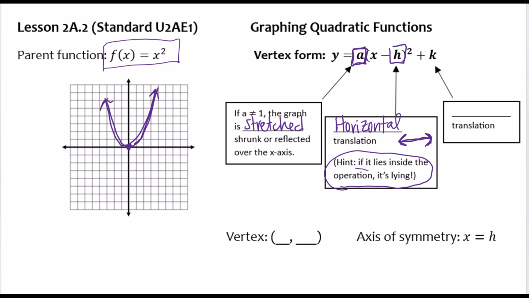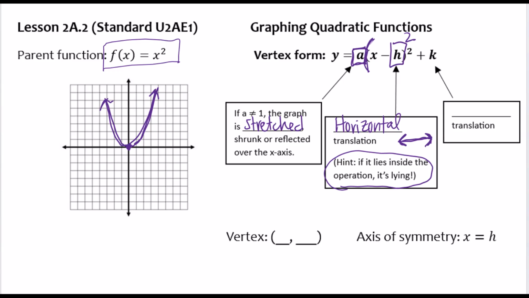If there's a plus or minus in the operation symbol, which here it's the parentheses that are being squared, if there's something happening in the operation, it's always opposite sign. So the saying that I like to say is, if it lies inside the operation, it's lying to you, right? It's the opposite sign. So H is always lying to us.